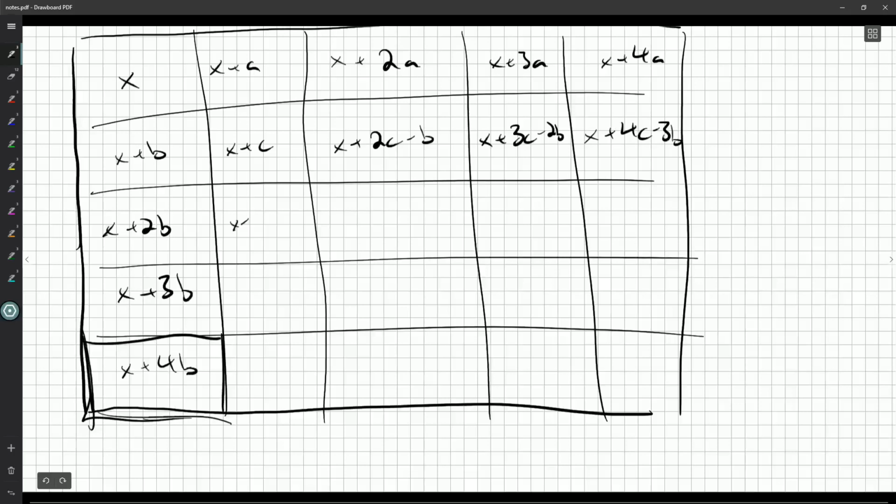So we'll get X plus 2C minus A, X plus 3C minus 2A, X plus 4C minus 3A here. And now we have to go across. This will still be X plus 4C minus 2A minus 2B. X plus 6C minus 4A minus 3B.